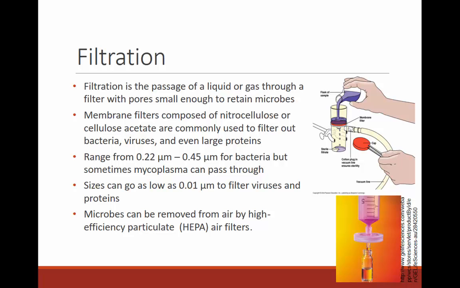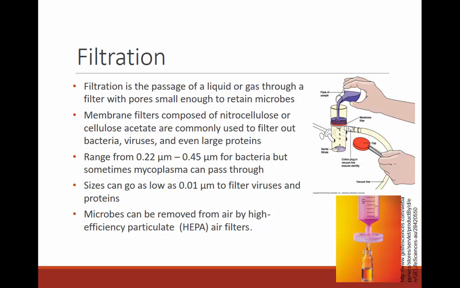Now, filtration is one of those things that you used for the water, and this is just an indicator of what could be done with that. But you have to think about that filtration membrane. Okay, so if you've got a 0.22 micron filter, that means that the pore sizes are 0.22 of a micron.